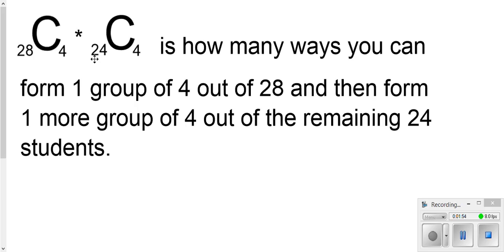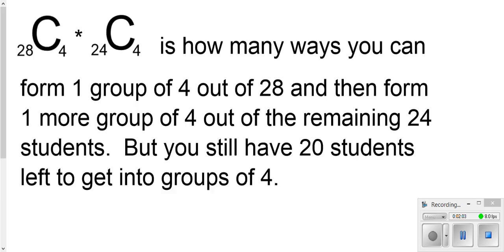So now you have to figure that out. How many ways can you form groups of 4 out of the 24 remaining students? But that still means a group of 4 here, a group of 4 here. That still leaves 20 students left. So we need to continue to do the groups of 4 with all the remaining students.